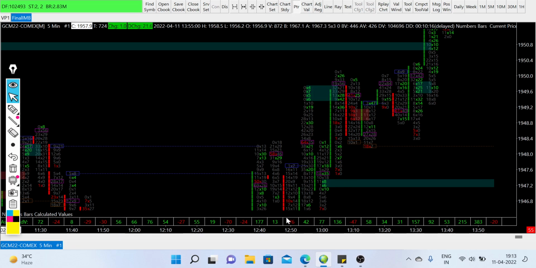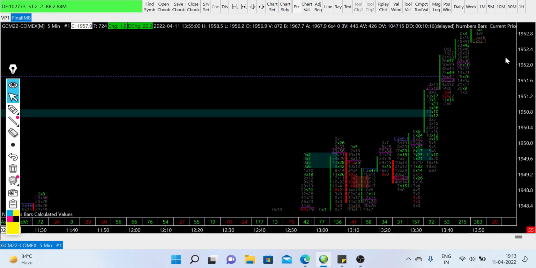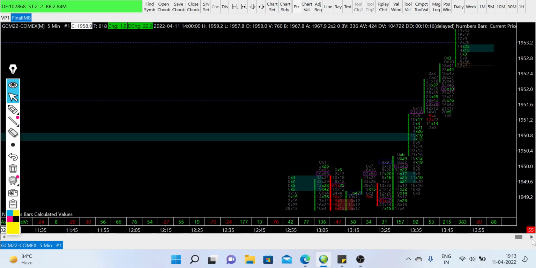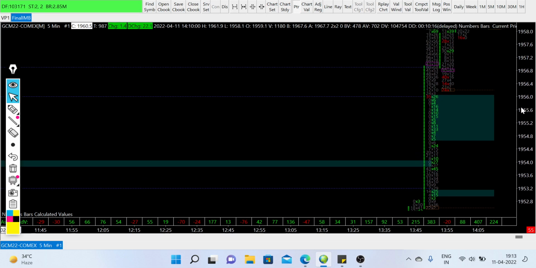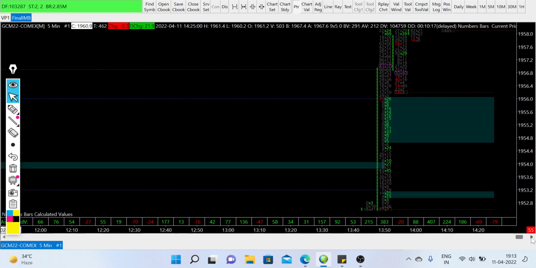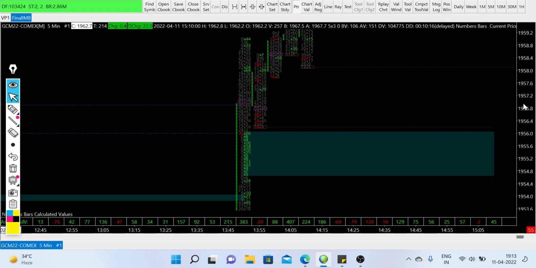Delta is on the green side from this bar, and we have a good buy move. Again in this candlestick we have a high buying imbalance along with the positive delta. This helps us to find a good entry with the help of the order flow chart.